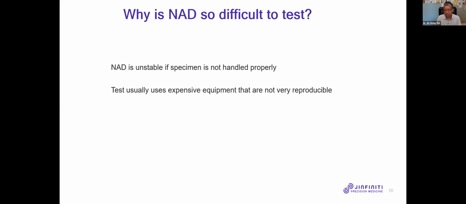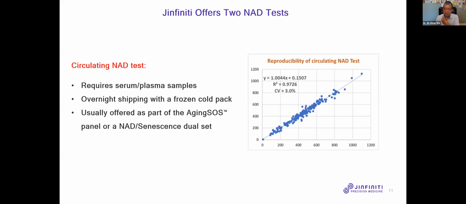At Ginfinity, we're able to overcome both of these issues through extensive research. And we have developed and we're offering two different types of NAD tests. One for circulating NAD in the plasma. And as you can see on the right, our assay is extremely reproducible.